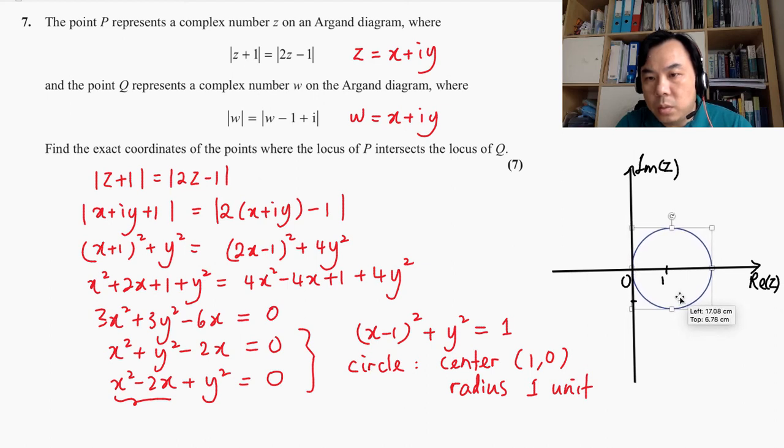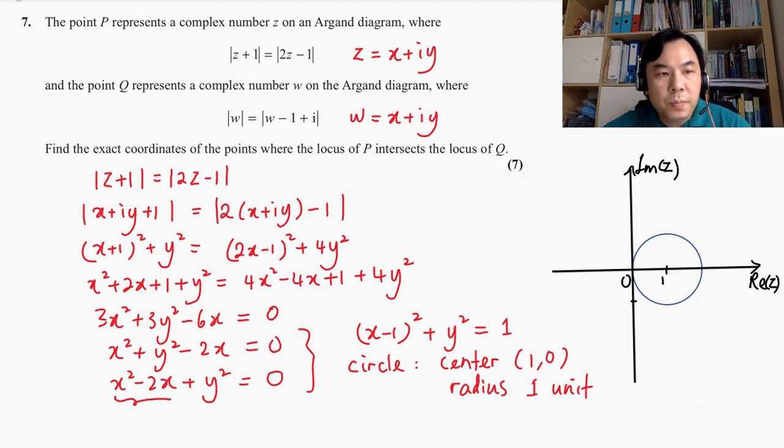Let me make it smaller a bit. So basically it looks something like a circle that has a center here and then a radius of 1 unit. So it has a radius of 1 unit here. All right, so I hope that's clear.